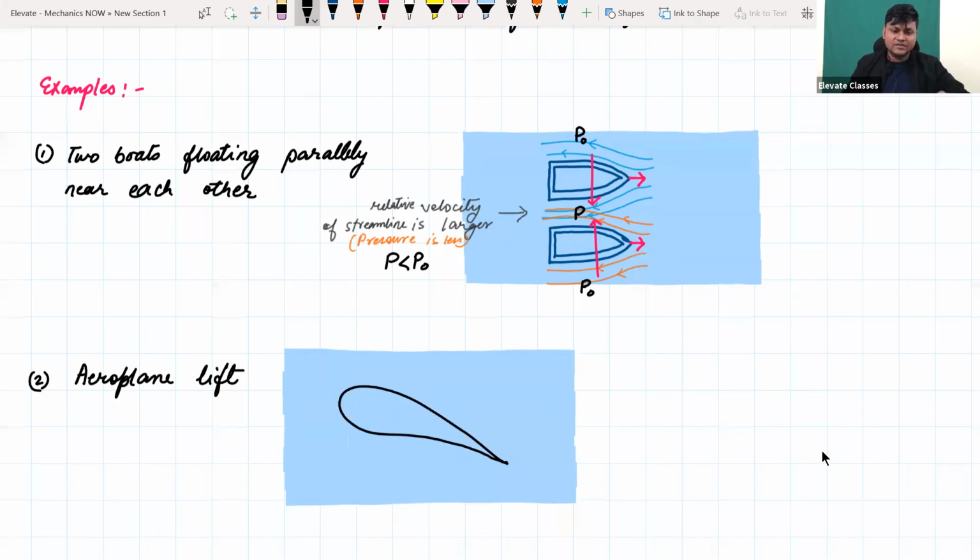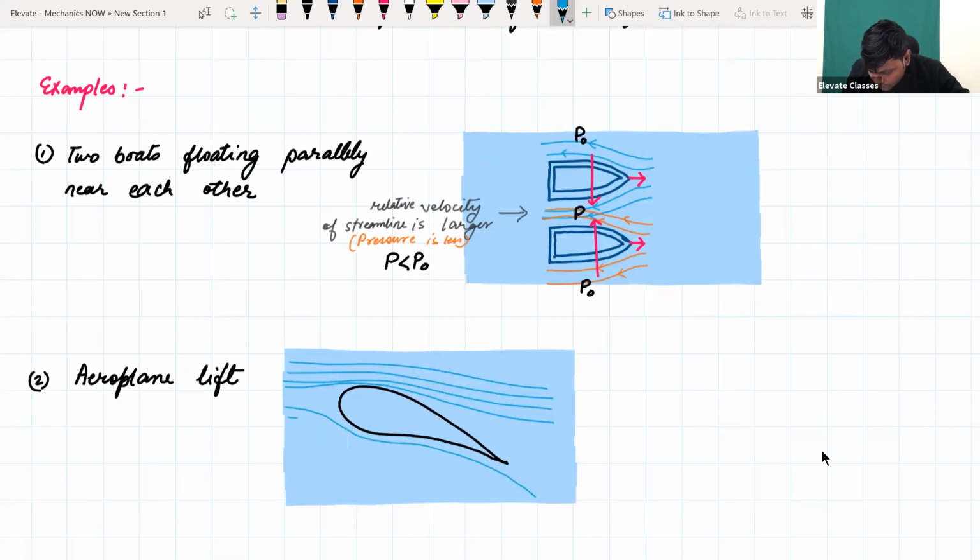The reason for the shape is that they create a structure so that the streamlines that are being created are created in such a manner, because of the shape of the wings of the aeroplane, that the velocity of the streamlines is lesser below the wings.